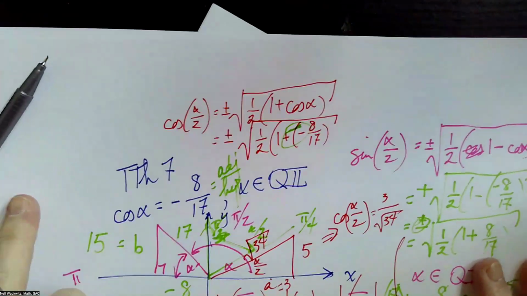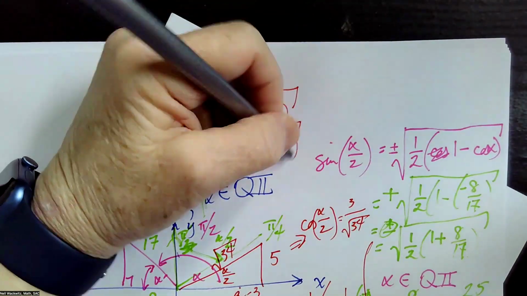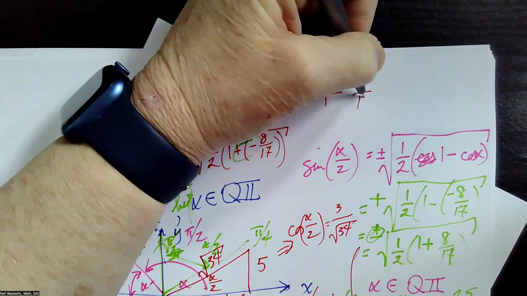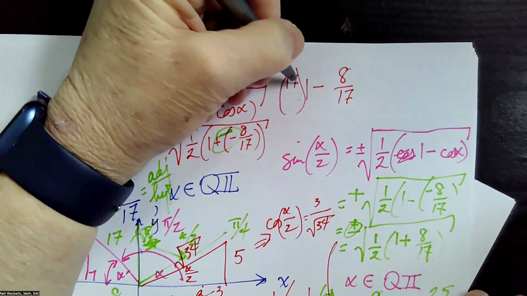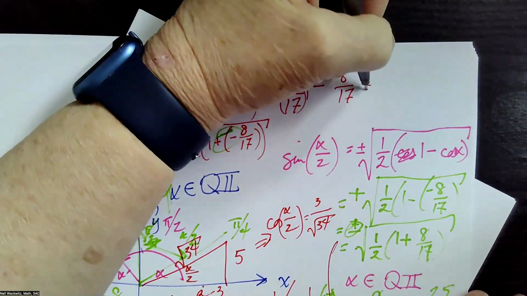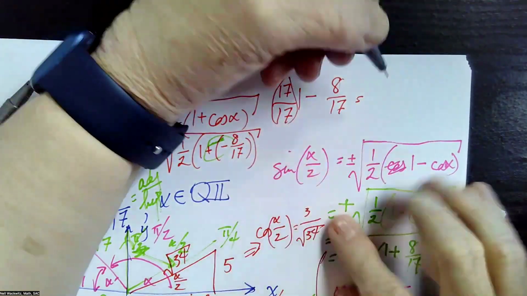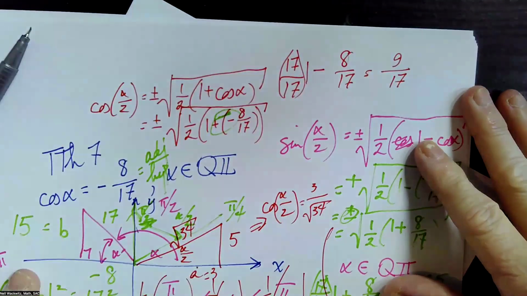So we've got 1 minus 8 over 17 in here in the parentheses. We'll multiply that 1 by 17 over 17. 17 minus 8, that's 9 over 17.